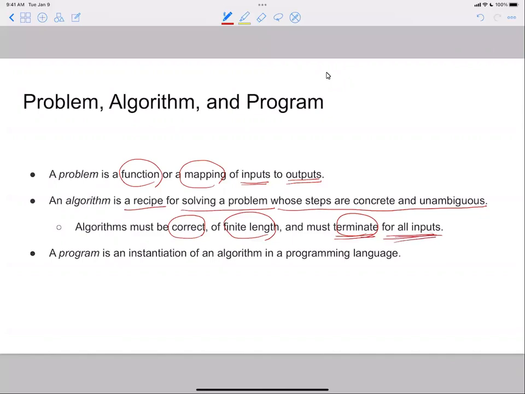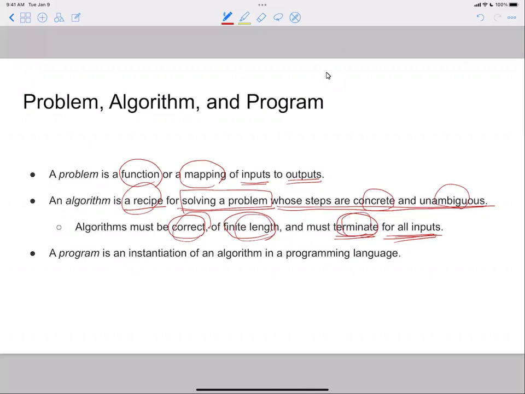So an algorithm is a recipe for solving a problem whose steps are concrete and unambiguous. It means if you cannot solve a given problem, then we cannot call it an algorithm. That's why it says an algorithm should be concrete and unambiguous, and also it should be correct. And of finite length, it should terminate for all inputs, right?